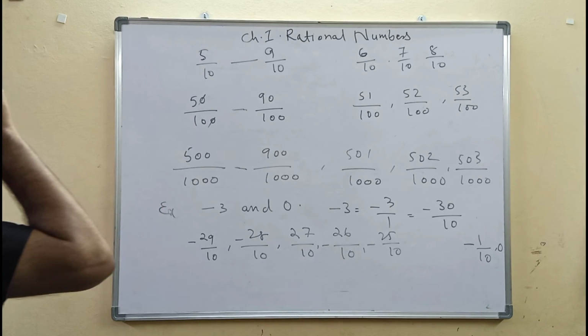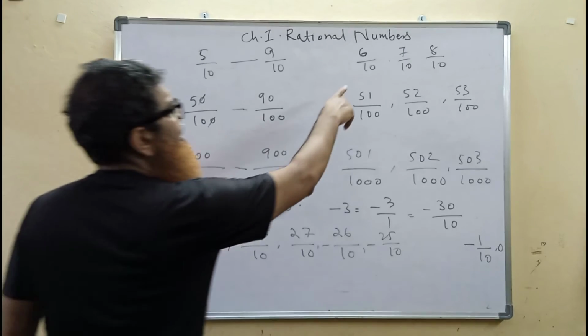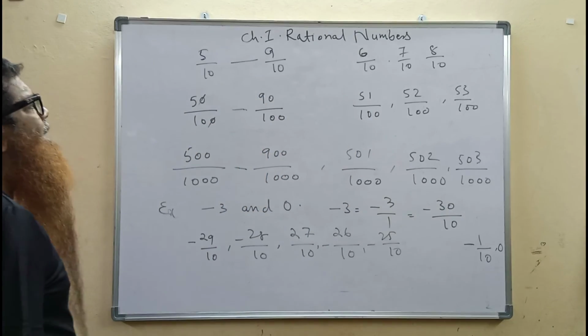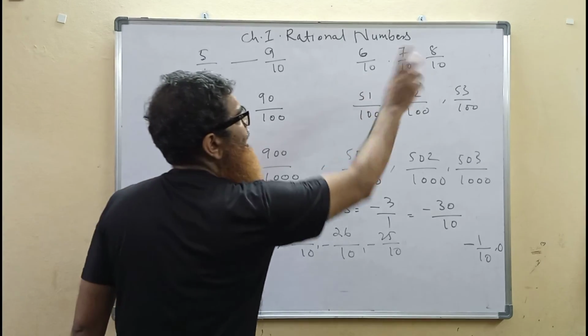So we started with, can we write 10 rational numbers, 100 rational numbers between 5 by 10 and 9 by 10. Simply we can write 3 rational numbers between 5 by 10 and 9 by 10, because 10 is the denominator and after 5 we have 6, 7 and 8.